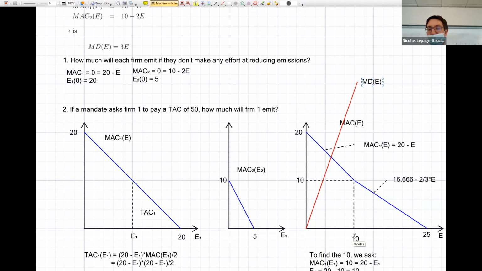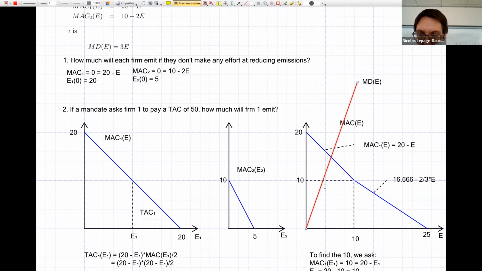What you have to look at is, if I compute MD of 10, will I be above or below? If I'm above, I know the solution is going to be on the left side, and if I'm below, I know it's going to be on the right side. Here you see that if you compute MD of 10, you get 30.